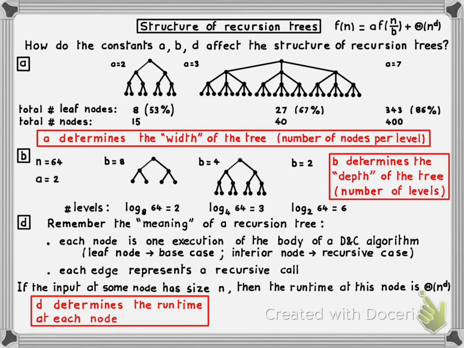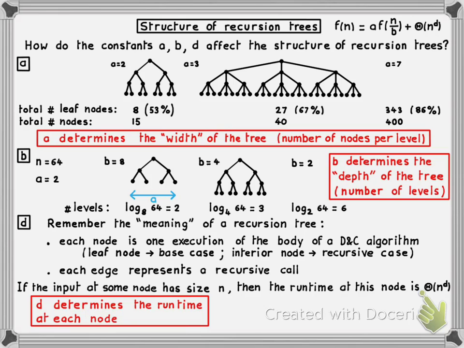Now let's conclude this segment by summarizing our analysis. First, we figured out that A determines the width of the recursion tree, and its relationship is proportional. That means if A gets larger, the width gets larger. That is, the total number of nodes per level gets larger.